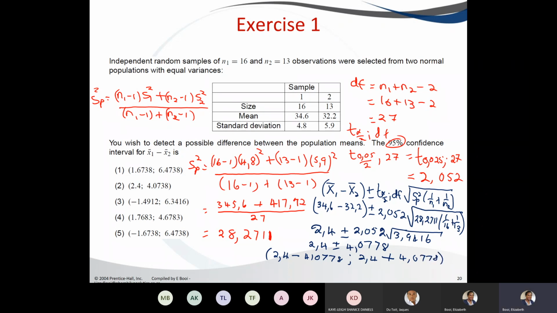So if we do the minus first, 2.4 minus 4,0778, I get minus 1,67. It might be because I'm rounding off so many numbers quickly.